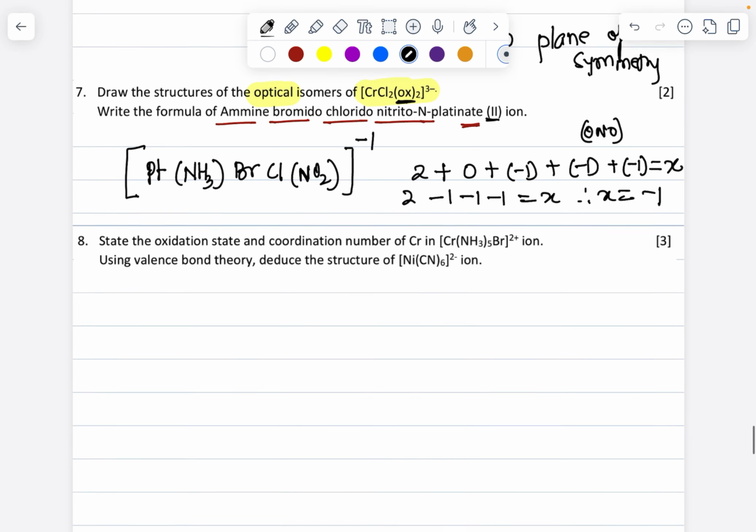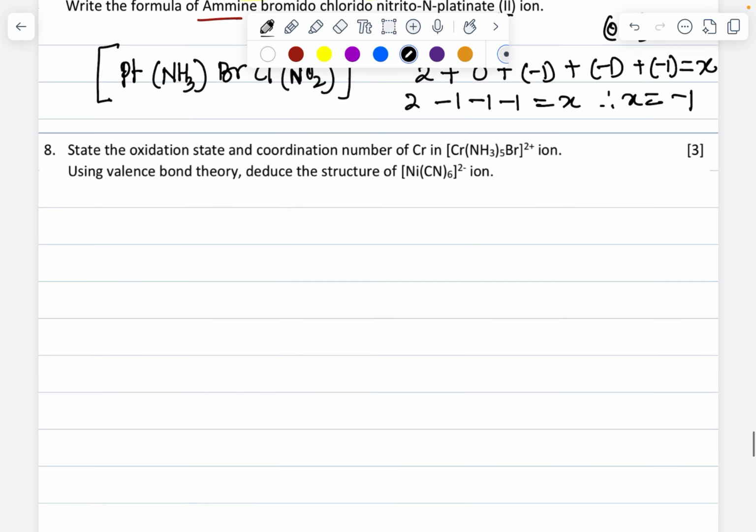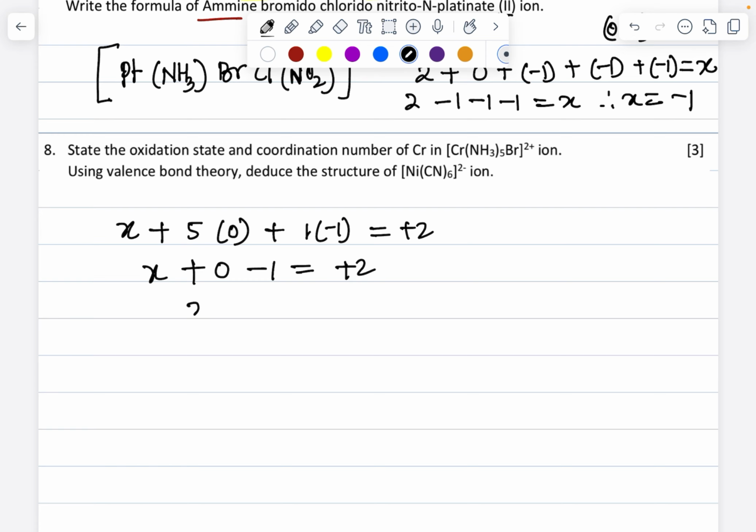Next question, state the oxidation state and the coordination number. Okay, this is again a very simple question. State the oxidation state and the coordination number of the chromium. Oxidation state of the chromium will be what? We know X plus, there are 5 ammonia and it is neutral. There is 1 bromine which is having -1, equals to the charge of +2. So X plus 0 -1 is equal to +2. X is equal to +2 plus 1.